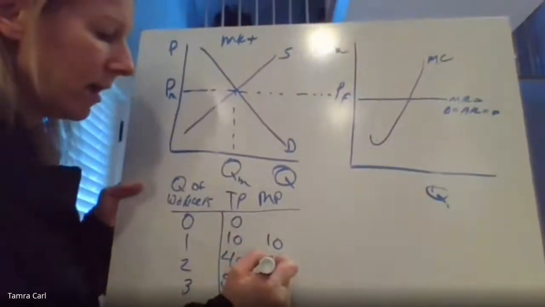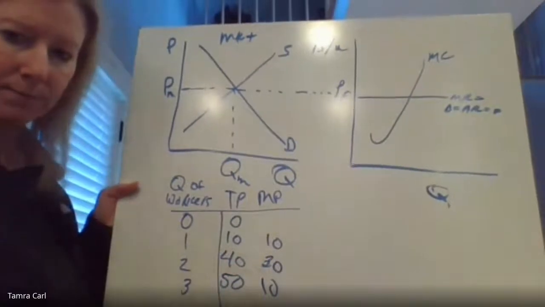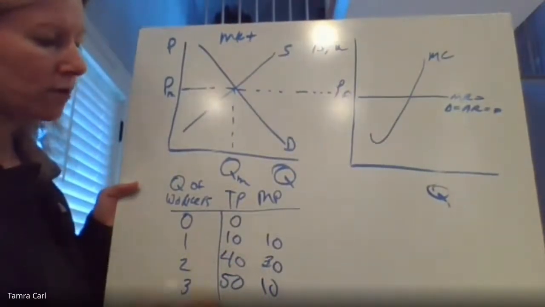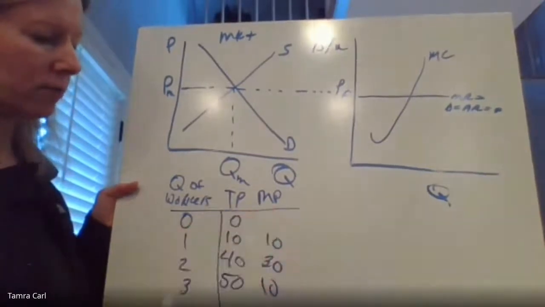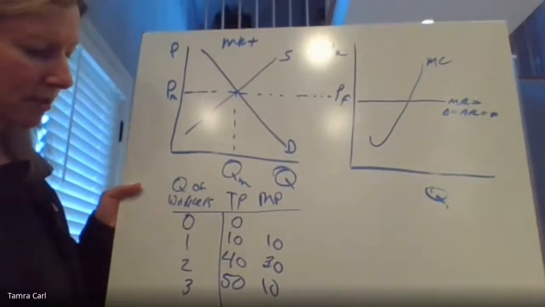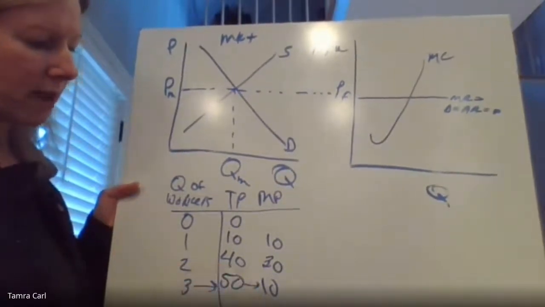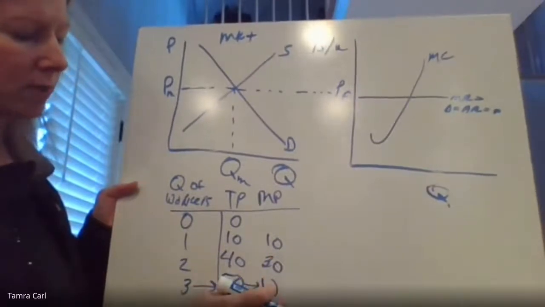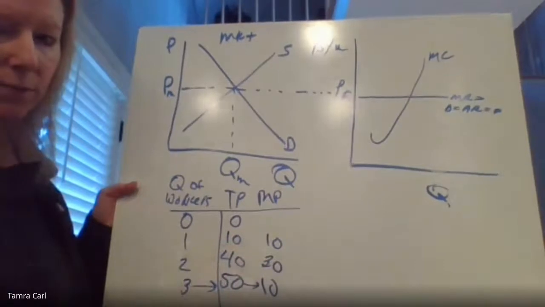Then I have it here at 30, and then I have this one here at 10. Okay, so first off, I've got 2 10s here, right? Sometimes people will gravitate towards that first one. But diminishing returns sets in with the addition of the third worker, because for that third worker, the output increases by 10, so that's a decreasing rate from the previous worker.